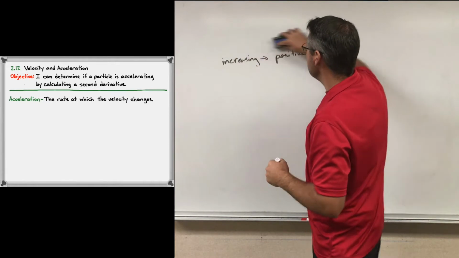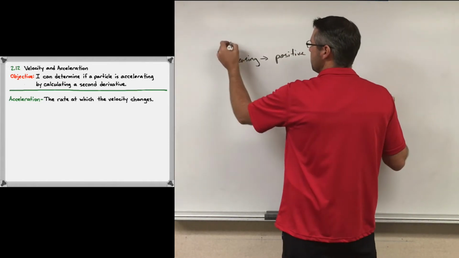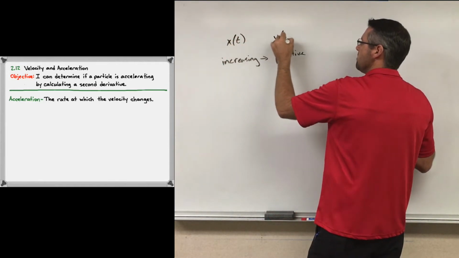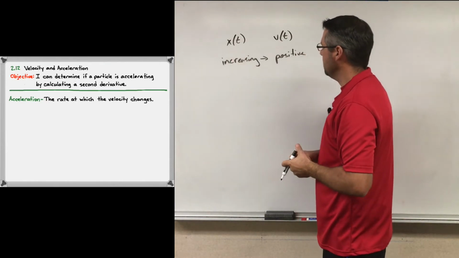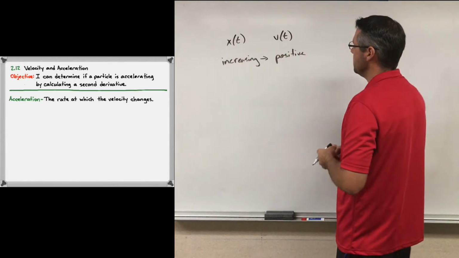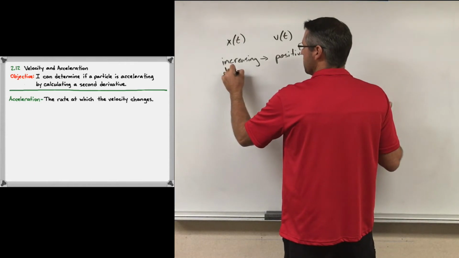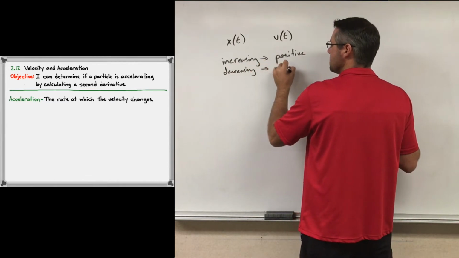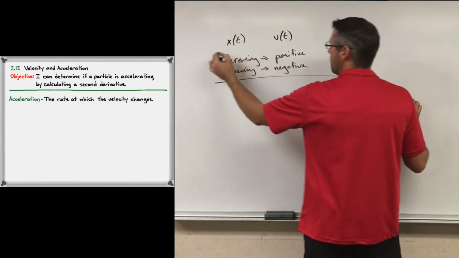Now let's relate this to position. So if this is my position function, then this would be my velocity function. So when position is increasing, that implies our velocity is positive. Also, decreasing here implies that the velocity is negative. So that's kind of like one level.